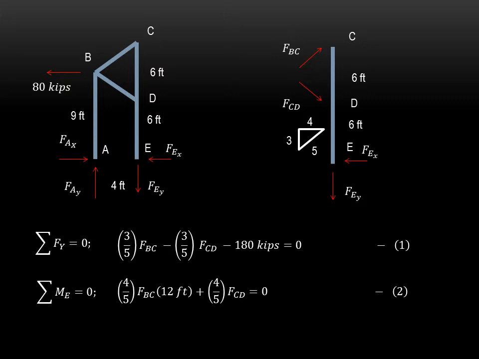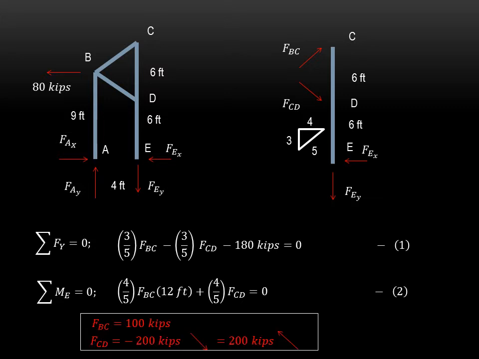Solving the two equations that we were able to establish simultaneously, we will be able to get these values. The negative value in F sub CD indicates wrong direction.